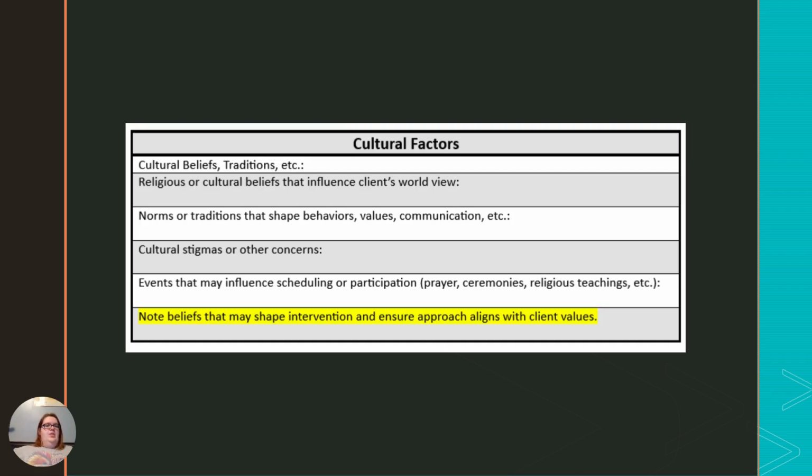This includes religious or cultural beliefs, traditions that may shape behaviors that they're seeing, cultural stigmas, events that may influence scheduling or participation. This could include prayer ceremonies, religious teachings, attending church on a Sunday morning, Sunday night, or Wednesday night, anything like that.